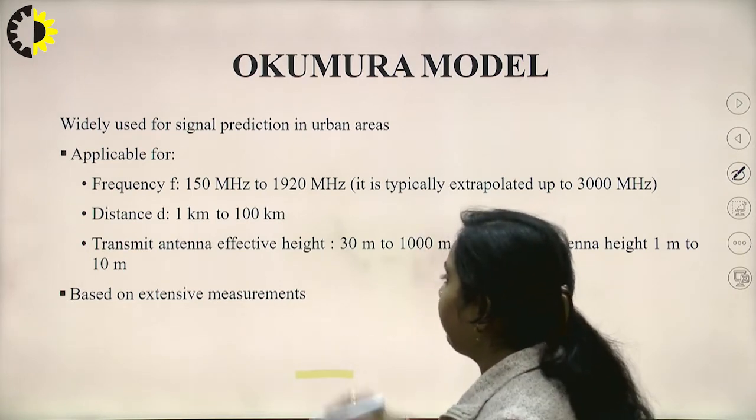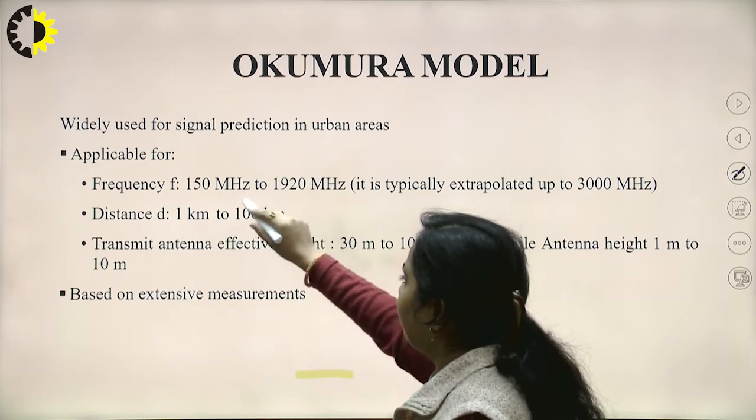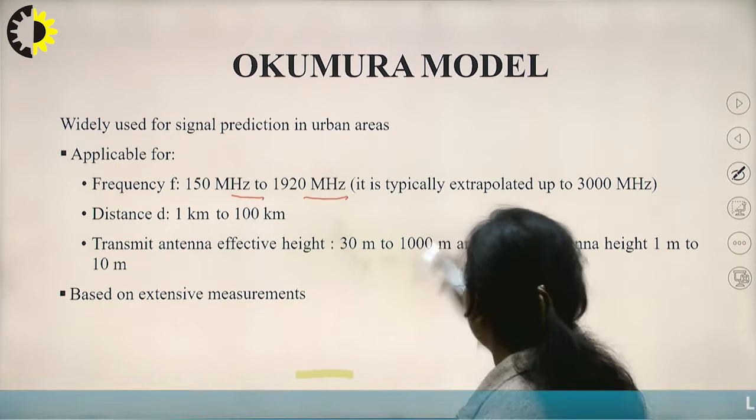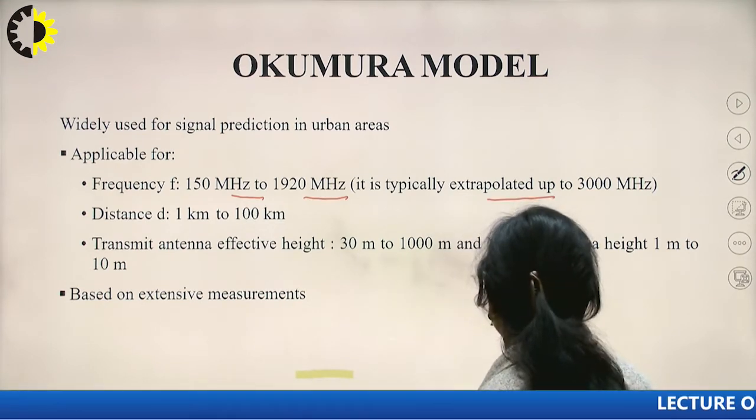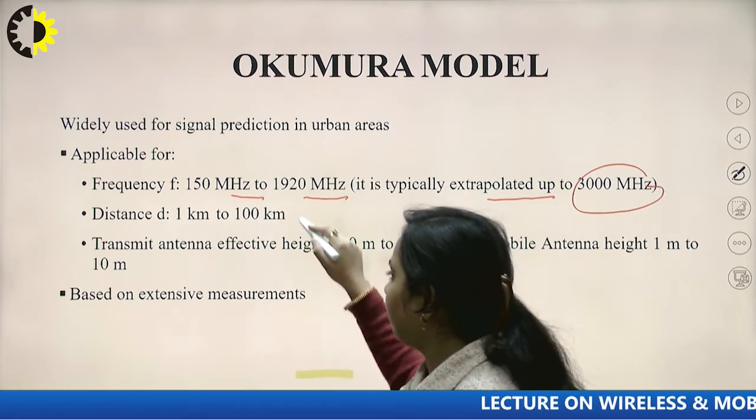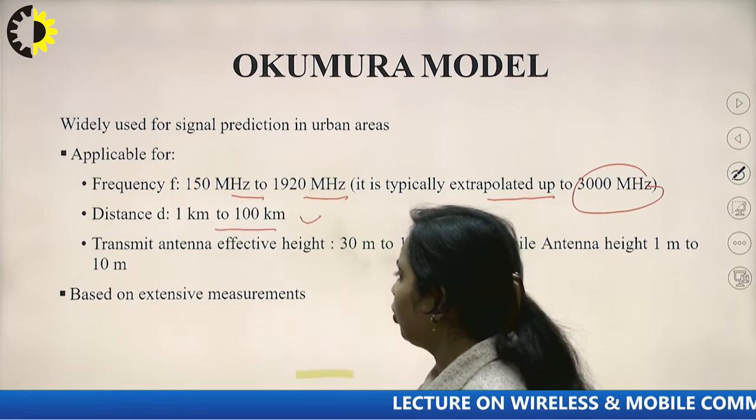This Okumura model is applicable for frequencies from 150 megahertz to 1920 megahertz. It is typically extrapolated up to 3000 megahertz. Then the distance d will be considered as 1 kilometer to 100 kilometers.